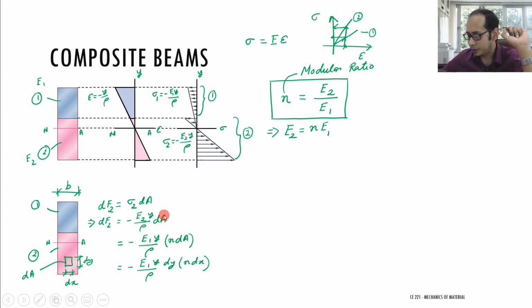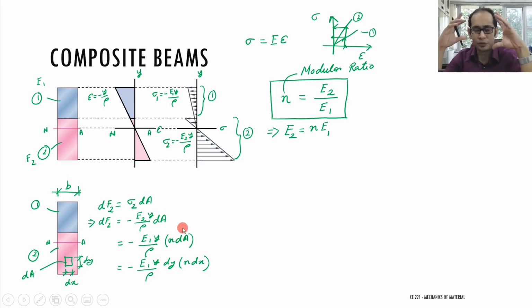The only difference is that E2 has changed to E1, and what was dA has become n dA. So the force taken by material 2 can also be taken by material 1, provided you have bumped up the area n times the original area you considered. What does it mean? n times the original area, so n times dA over here.